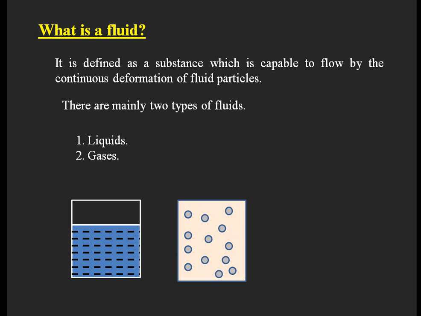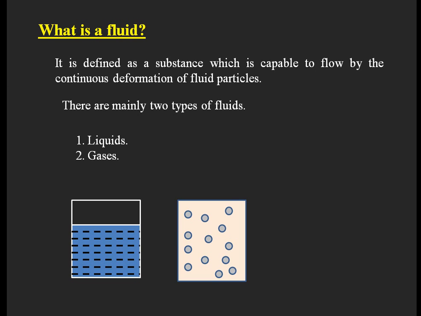Even if the volume is, say, V1 and this volume is V2, and V2 is less than V1, the gas molecules will try to occupy the entire volume of the container. Why? Because there is free movement of the molecules, and the attraction forces are very small in gases compared to liquids.